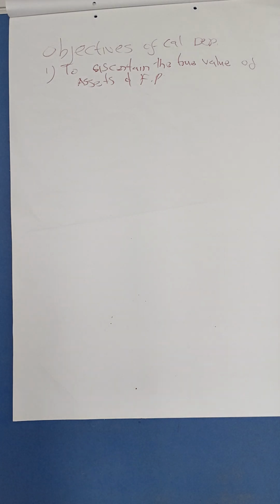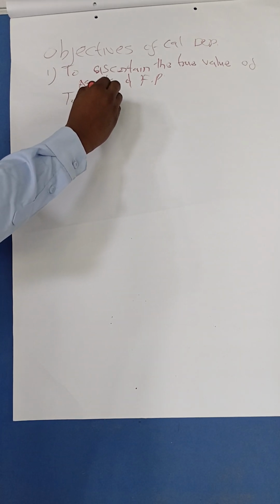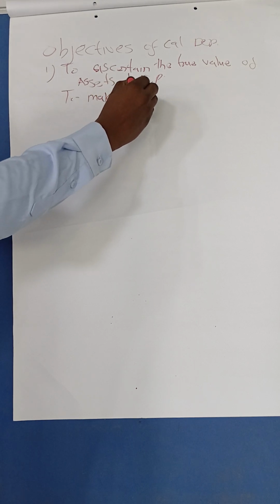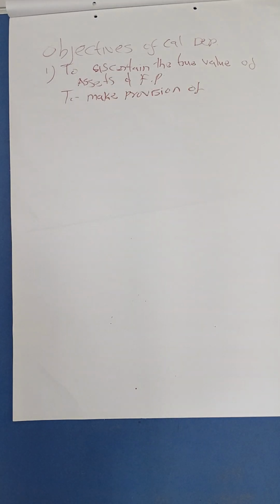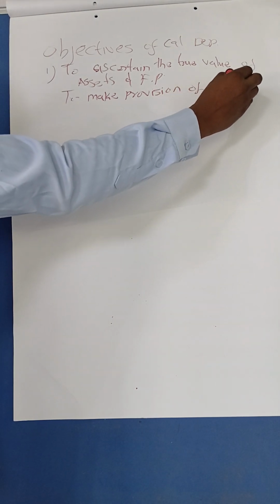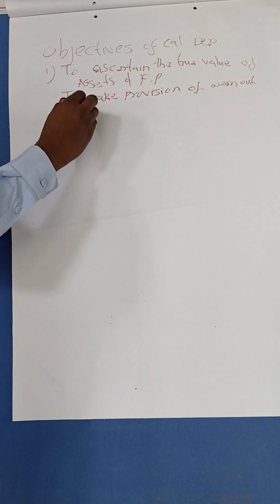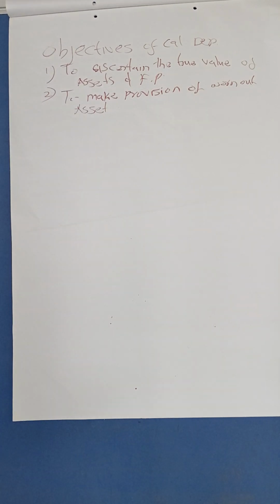Then another one, to make provision for replacement of worn out assets, so that we can dispose of those and replace them with the ones that have been worn out.